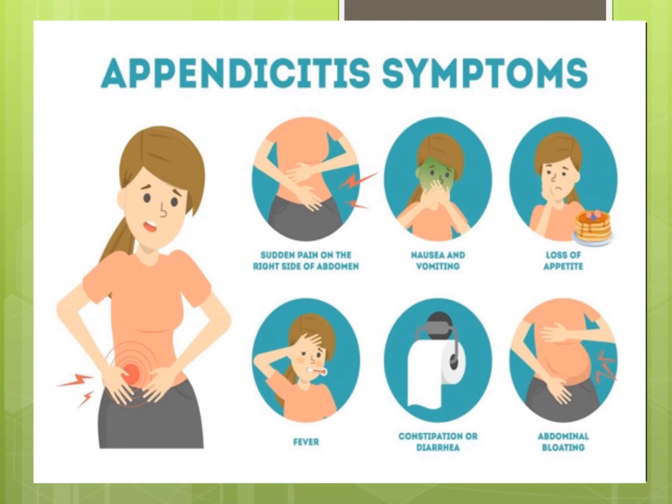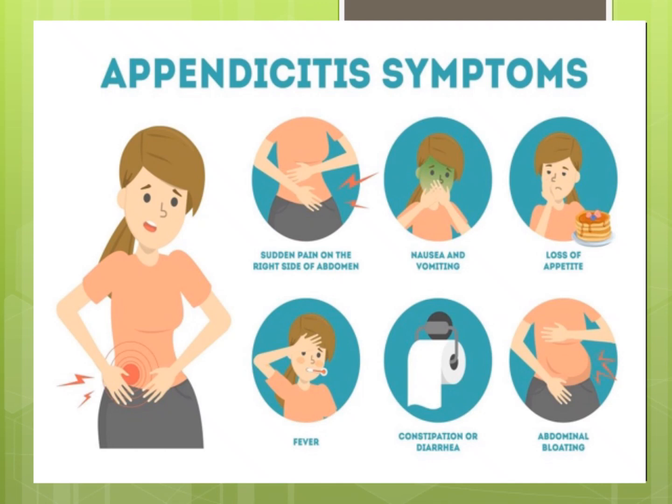Now, how does generally acute appendicitis present? A patient of acute appendicitis may present with vague abdominal pain symptoms. The pain may arise in periumbilical region or rarely in epigastric region. Initially, it can be very vague pain that later shifts to the right iliac fossa.